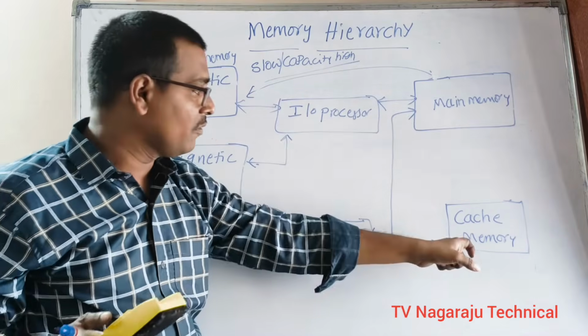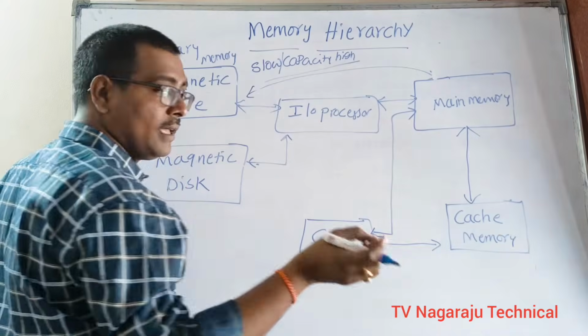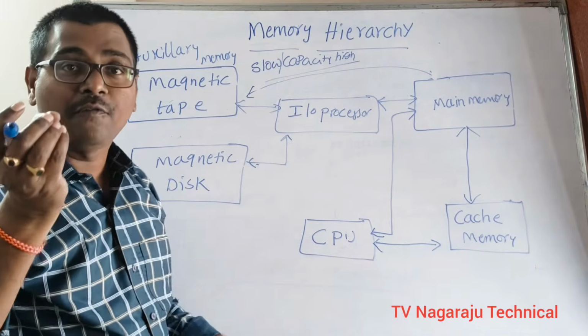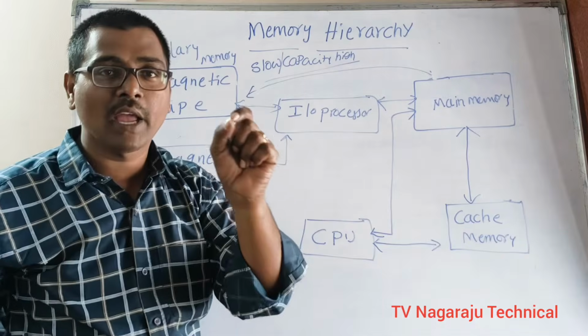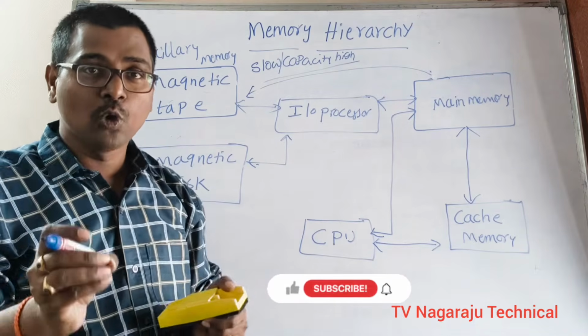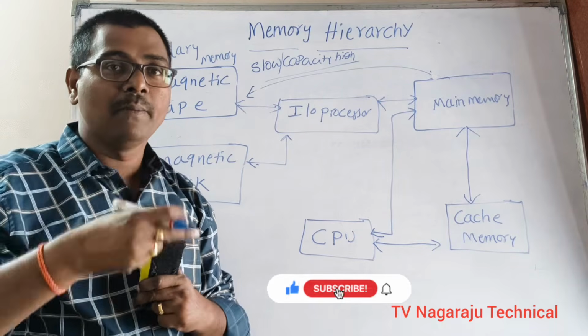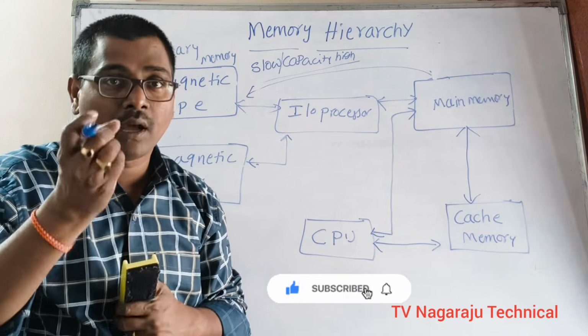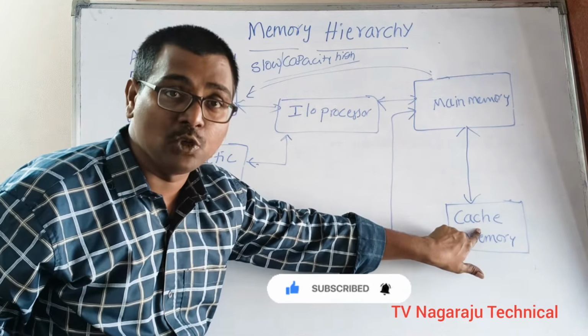Clear? Along with that, one more memory, that is the cache memory. Cache is a very fast memory compared to all. The main purpose of cache memory is to store the frequently used data. That is, if I am repeatedly using some sort of data, obviously that set of data is available in the cache memory.